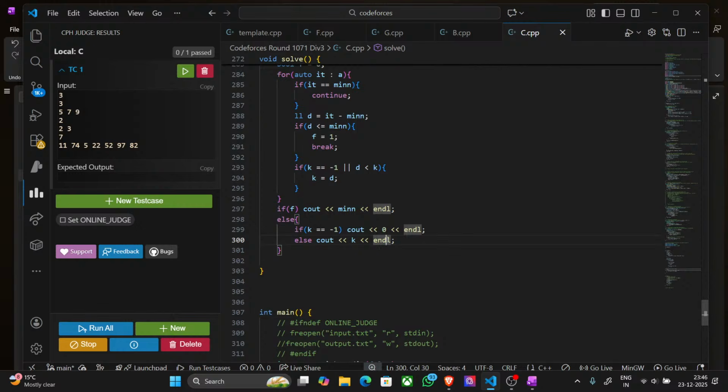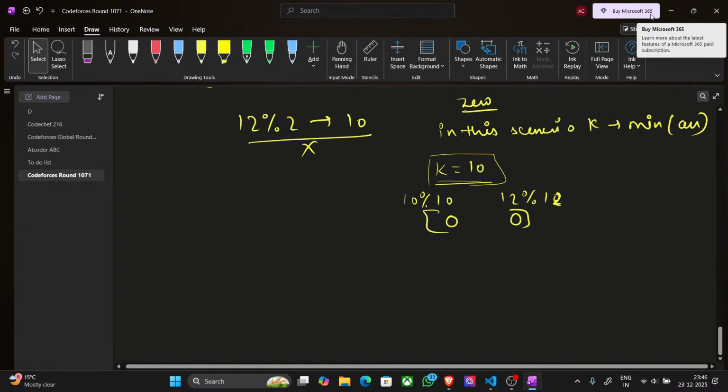Yeah, the solution is confusing, but what I have done is the mathematical part, so I just implemented it directly. You can just do sorting and take the minimum of a0 and a1 minus a0.